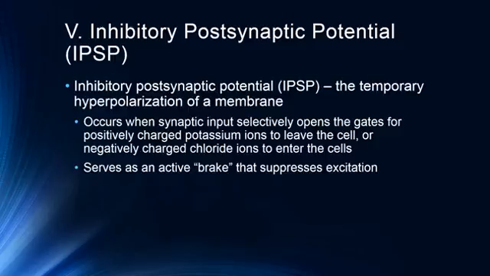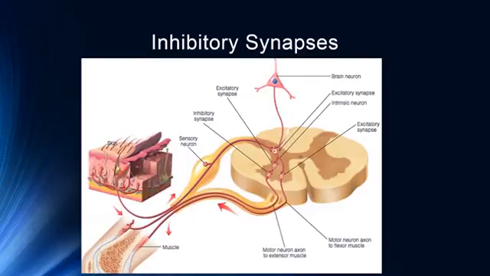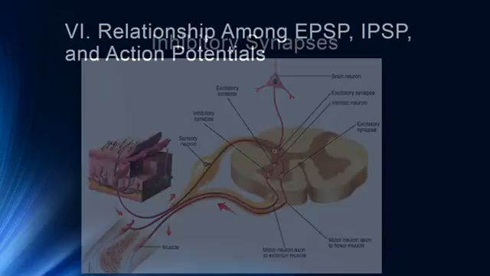So for example, the inhibitory neurotransmitter GABA can allow chloride ions to enter the cell, thereby hyperpolarizing the cell, thereby making it less likely to generate an action potential. So these inhibitory synapses occur also in the spinal cord, just like the excitatory synapses.